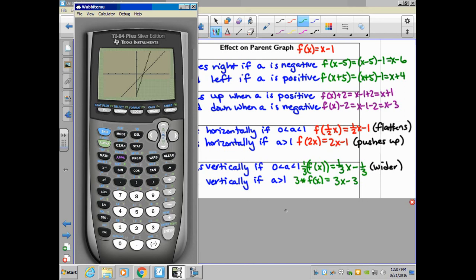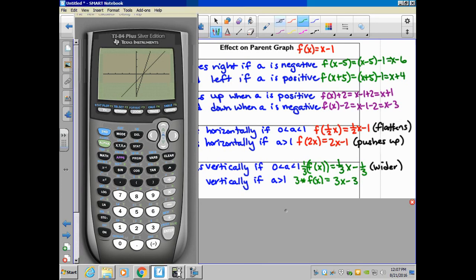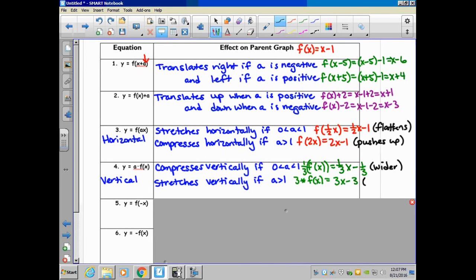Okay, so this one is a vertical stretch up. So vertically is up and down. So when you vertically stretch up and down, it's as if you are pulling on, let's say, gum, and you're pulling it up and down. That would be a vertical stretch. And in math language, they say it narrows.